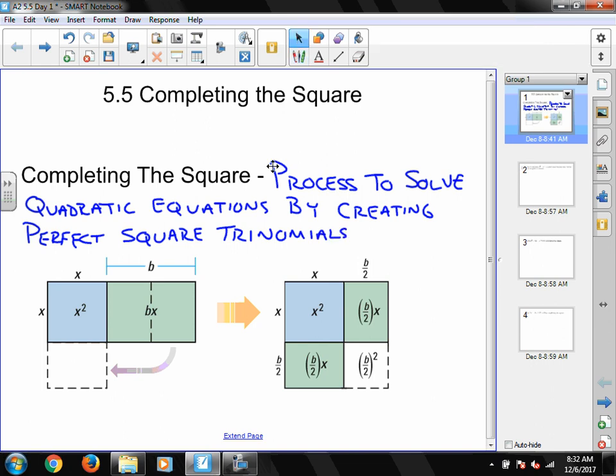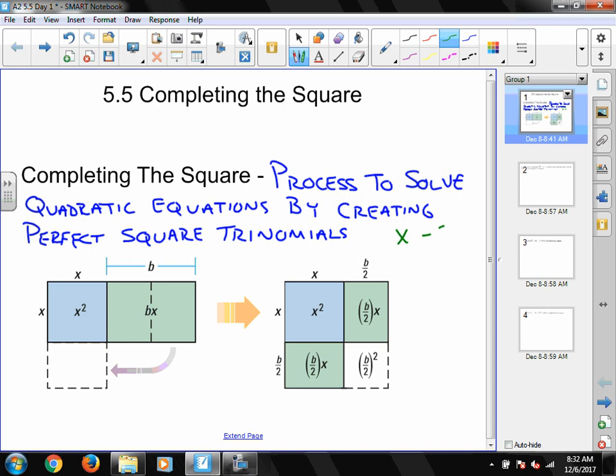Remember, we talked about those in 5.2, where it will break down into x minus or plus whatever you're working with.